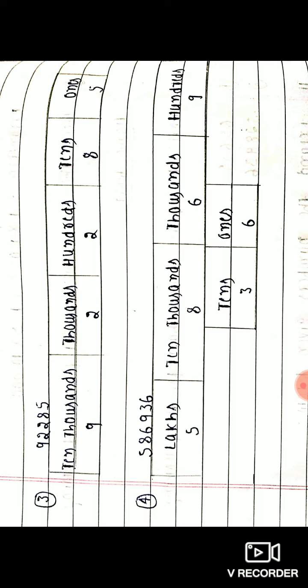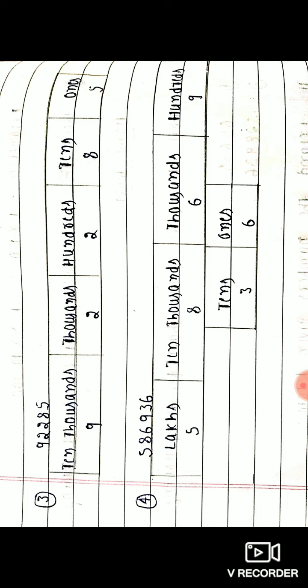Next, 5,86,936. You have to write the place value chart for the number 5,86,936.